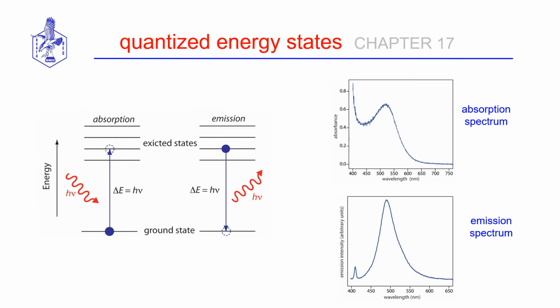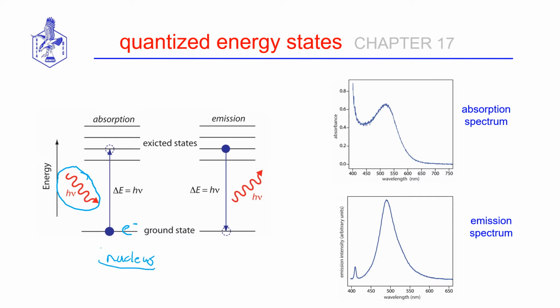So to understand why light is absorbed or emitted, we need to understand that atoms, molecules, ions, electrons, protons, and neutrons exist in what we call discrete energy states, or quantized energy states. So if a photon, such as the one here, comes in and interacts with an electron that's in a ground state, and remember it's going to be in the lowest energy state because that's where it's most stable, closest to the nucleus down here.